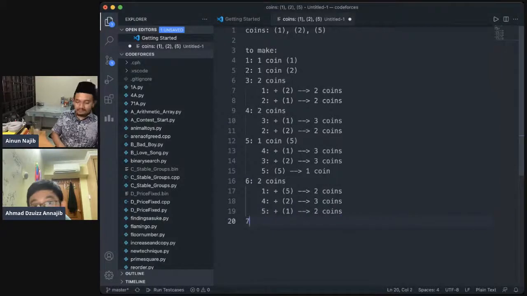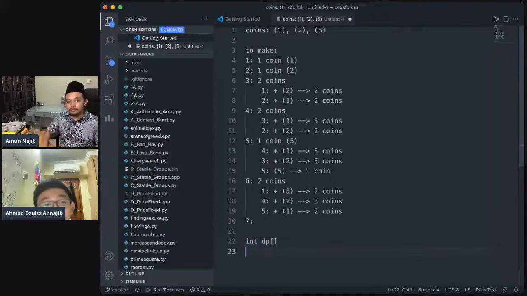So like that. Imagine you build this array, so this is the dynamic programming. Imagine you make a DP array, and the content of DP are these numbers. So what is the formula you have here?